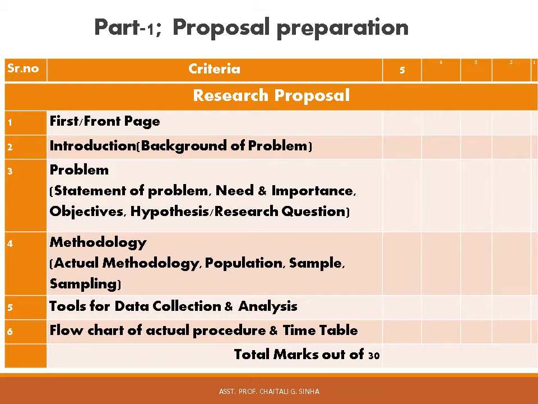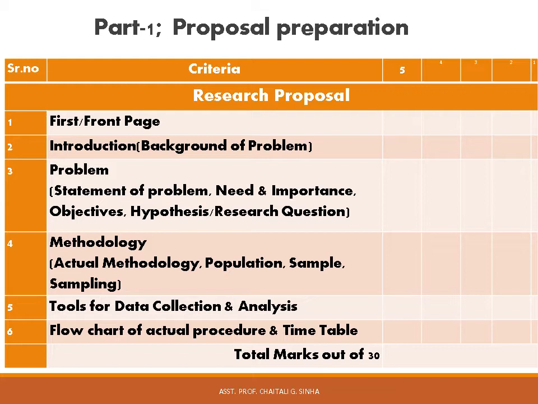Next thing you have to do is, to do a research you need some data. And how will you collect it? Either you can use standardized tools which are available in the market, but they are sometimes very costly, or not cost effective for your standard, or sometimes may not fulfill your research.